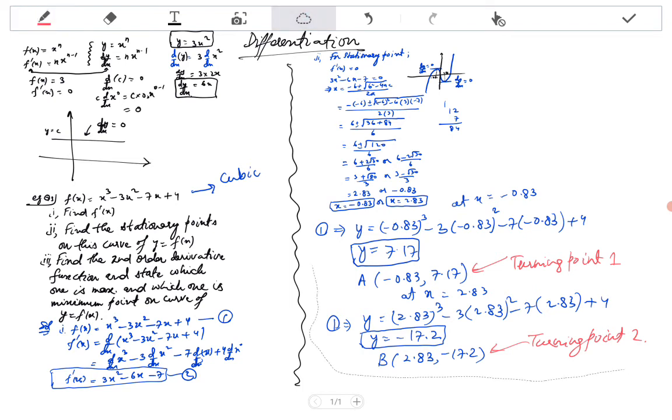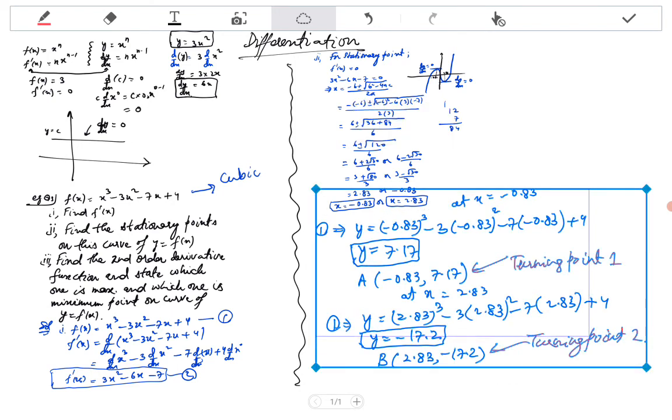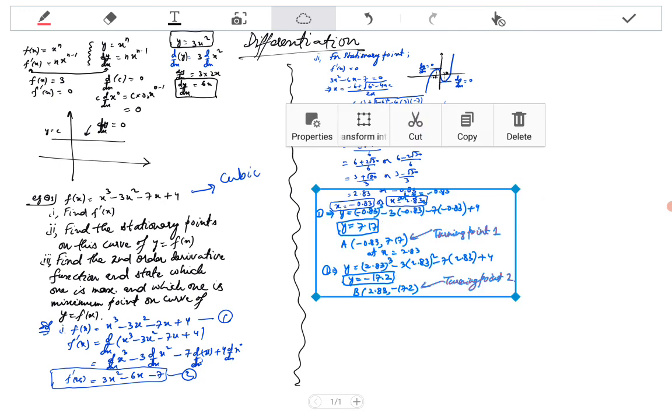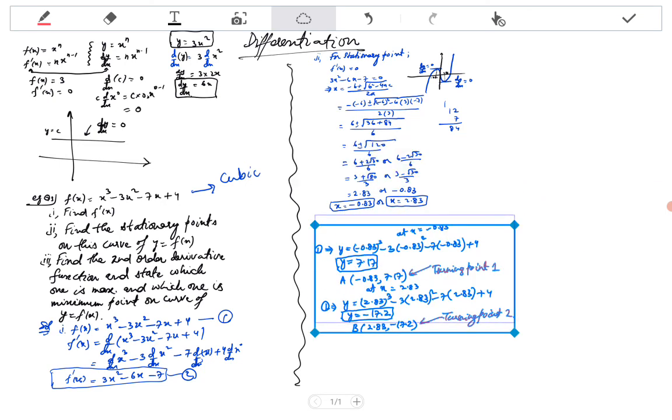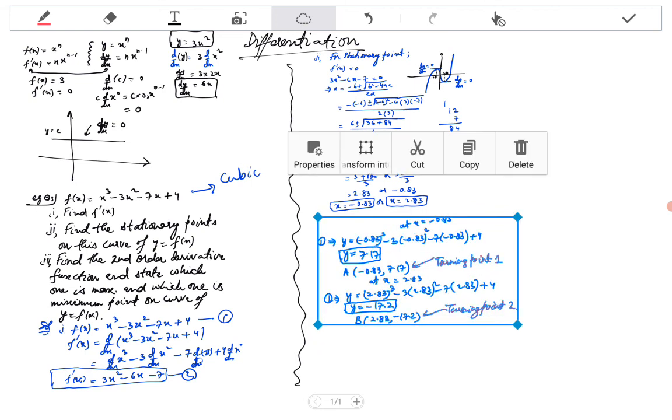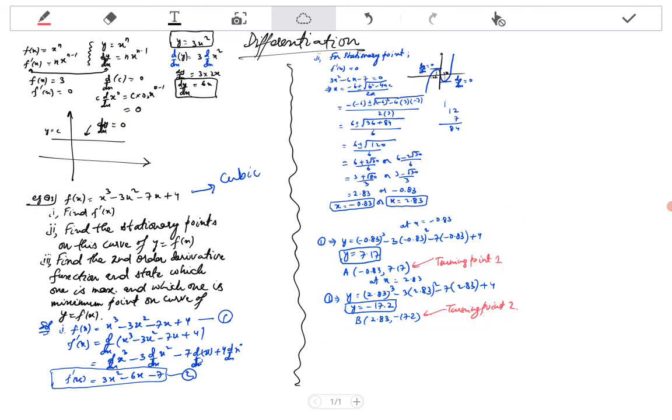By the way, one more thing I want to add here for your information. If it is asked in the question to state the maximum value and minimum value of the function, it means only the value of y should be stated instead of the whole turning point, because the graph is plotted for the quantity along the y-axis, just like a velocity time graph is for velocity, not for time.